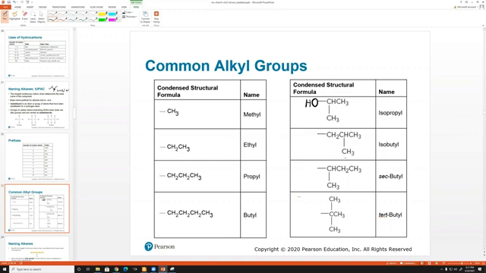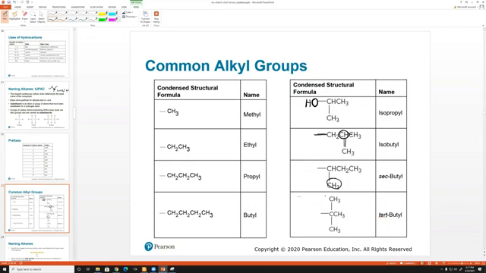Isopropyl alcohol, which is IPA, is commonly used for cleaning things because it's antiseptic. Another name for it is 2-propanol. Then you can have an isobutyl group, a sec-butyl, where sec means secondary, and a tert-butyl, where tert means tertiary. An isobutyl means this middle carbon is isolating the other 3 groups. Then a sec-butyl means 2 out of the 4 carbons are in one chain and 1 is in the 3rd chain.